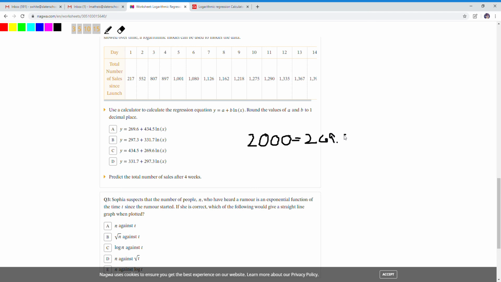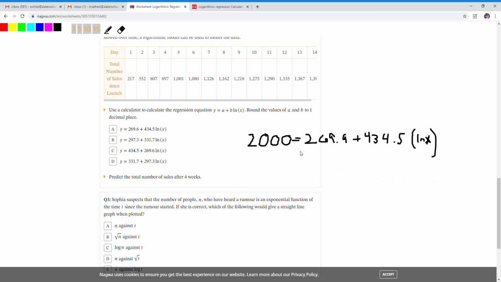So we're going to have 2,000 equals 269.9 plus 434.5 ln x. And if you recall from the video Friday, I like keeping this ln x in one big set of parentheses to remind myself that I need to get that on its own as an entire unit, and that this has to stay with it until the very end of the problem.